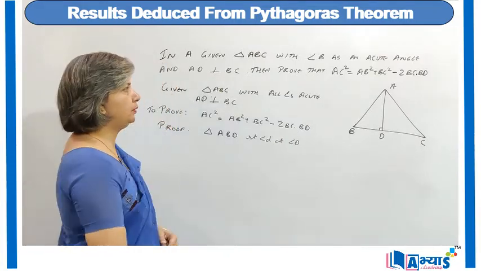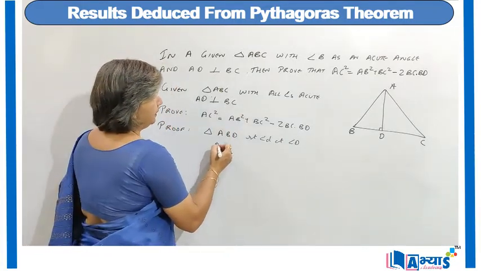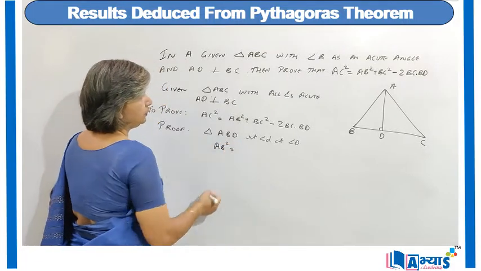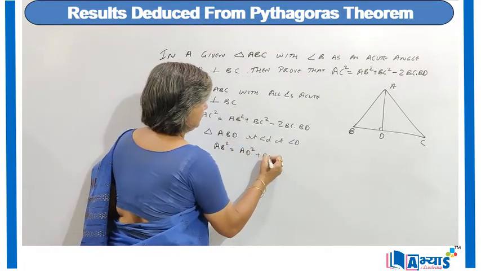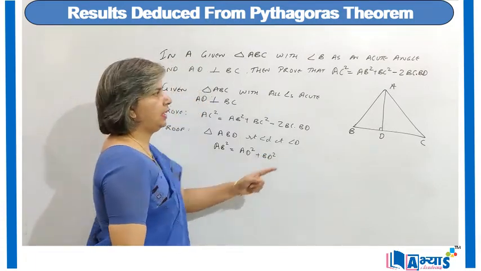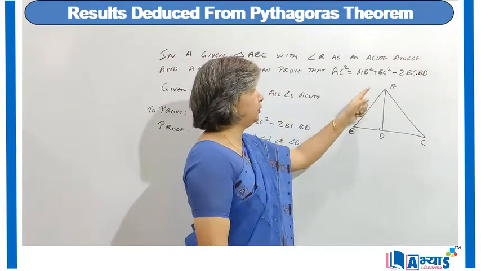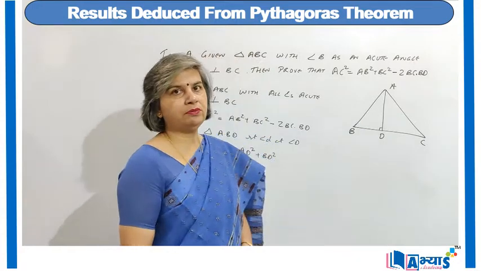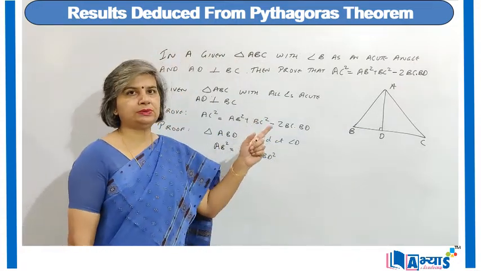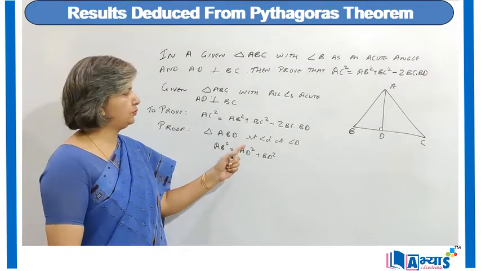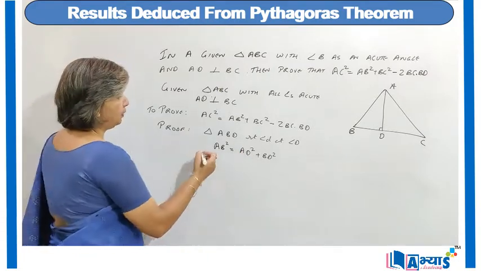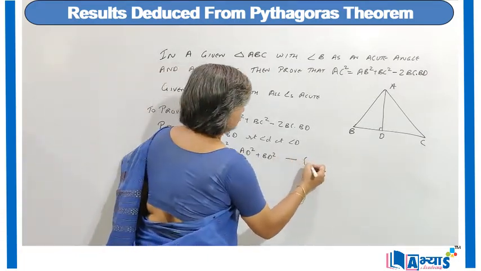So from the Pythagoras theorem we can write AB square is equal to AD square plus BD square, because AB is the hypotenuse for angle D, so AB square will be equal to the sum of the squares of the two sides, AD and BD. Now let us mark it as equation 1.